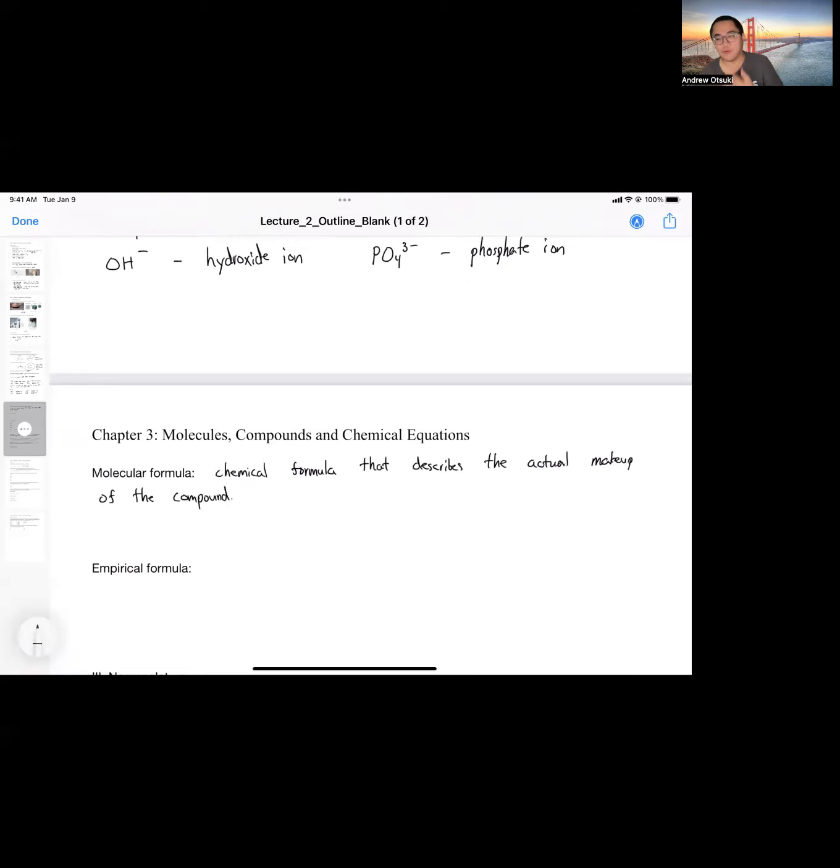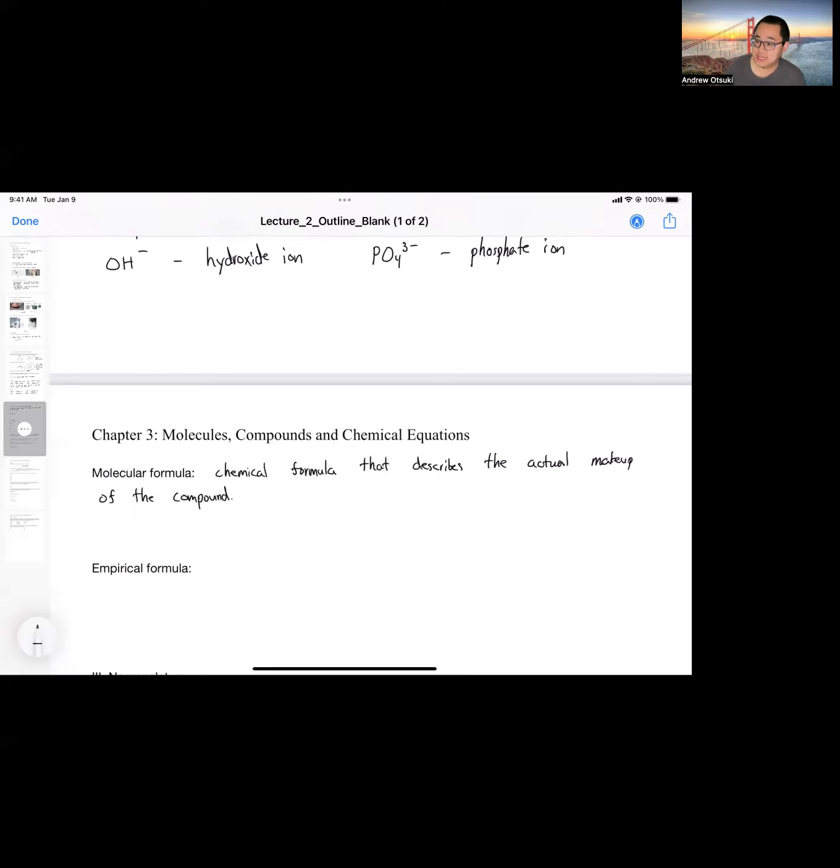So when we say chemical formulas, there's two ways we could represent it. We could represent it as the actual number of atoms in the compound, or we can abbreviate it. So chemical formula just tells you the type of atoms and the number of atoms present.